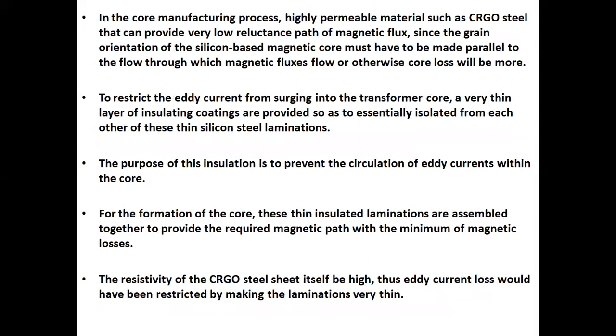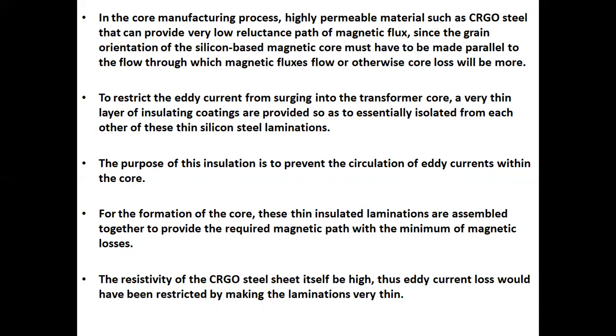To restrict eddy current from surging into the transformer core, a very thin layer of insulating coating is provided so that these thin silicon steel laminations are essentially isolated from each other. The purpose of this insulation is to prevent the circulation of eddy currents within the core.